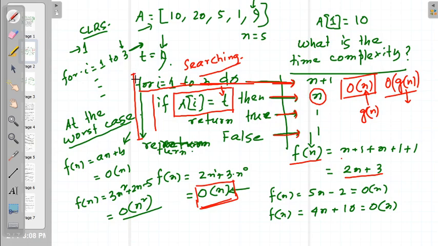That means we are analyzing this algorithm in terms of the number of comparisons happening. That's why this is the representative statement. These comparisons happen n times, so this n determines the complexity of this for loop.